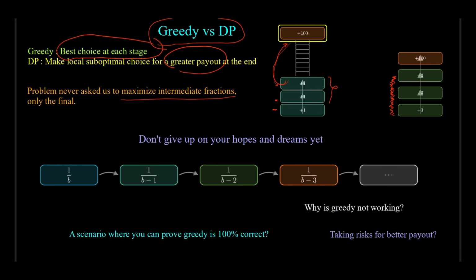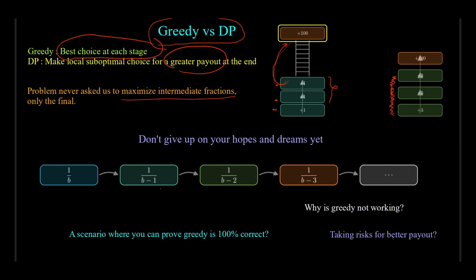So let's not give up our hopes on the greedy yet, and let's analyze why greedy will not work and what the counter example is. If you have some suspicion that greedy is not optimal for the final result, let's figure out what the counter example is. If greedy is not working, then you must be decreasing the denominator at some stages, right?